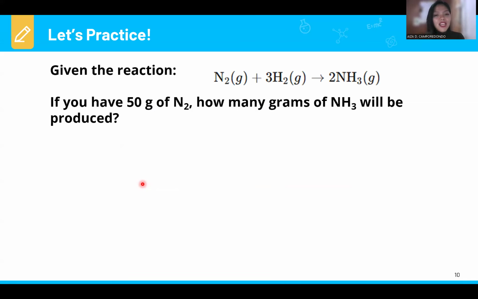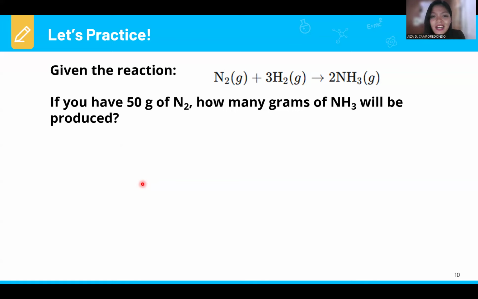So given the reaction, we have here the nitrogen gas is added to the 3 moles of hydrogen gas produces 2 moles of ammonia. Okay, if you have 50 grams of nitrogen gas, how many grams of ammonia will be produced?